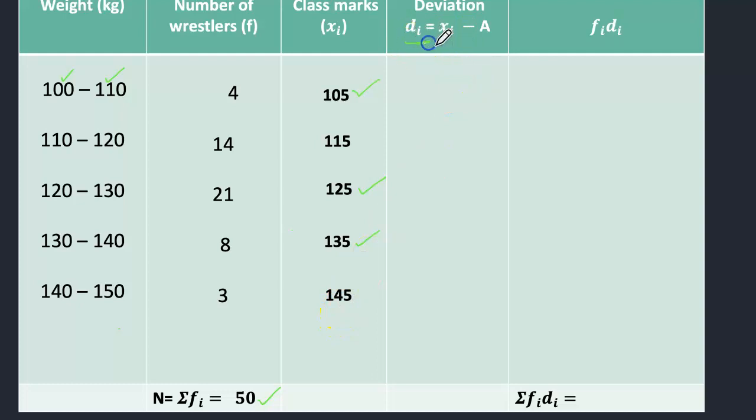Now we have to find the deviation. For finding the deviation, we need an assumed mean. So we should take a number from the class marks as the assumed mean. We can take almost the middle one, so it is 125. Let us take the assumed mean a as 125.